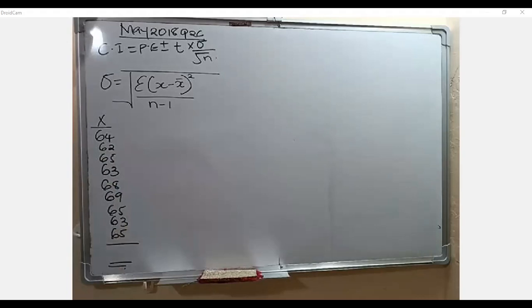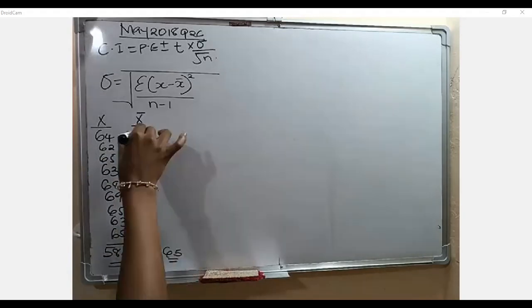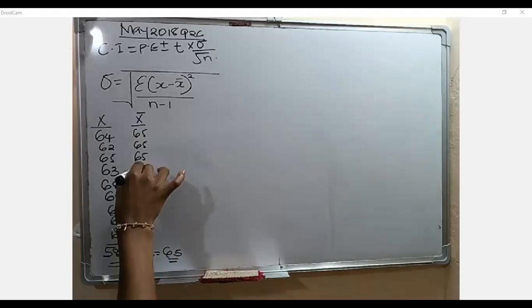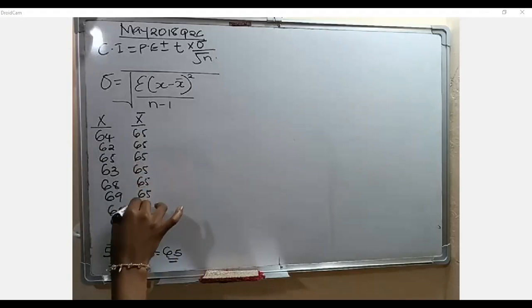The total of my x is 584. How many are they? They are 9. What is my x bar there? Let me take my calculator: 584 divided by 9, we are getting 65. Can I use 65? Yes, let me just use the whole number. So my x bar here will be 65.